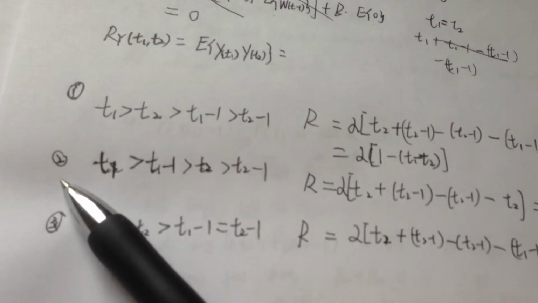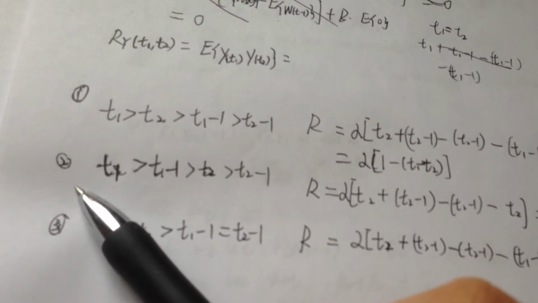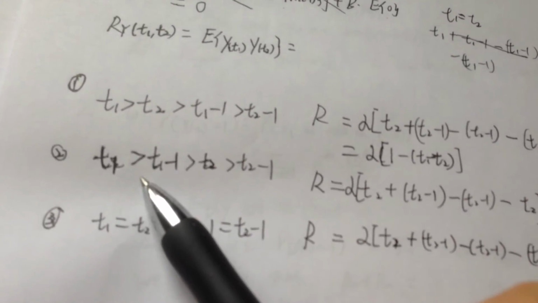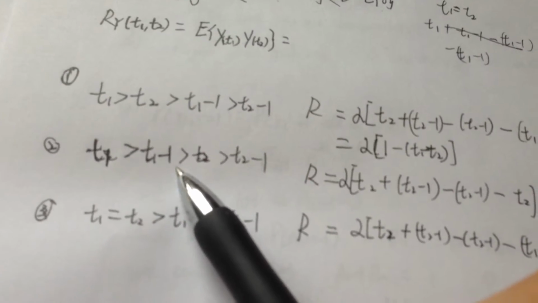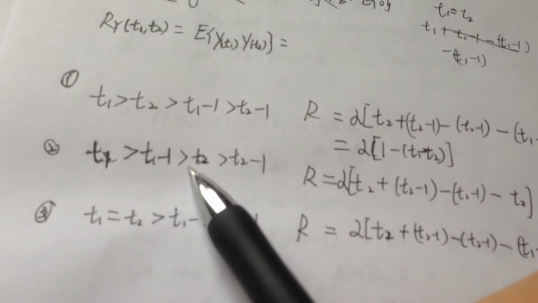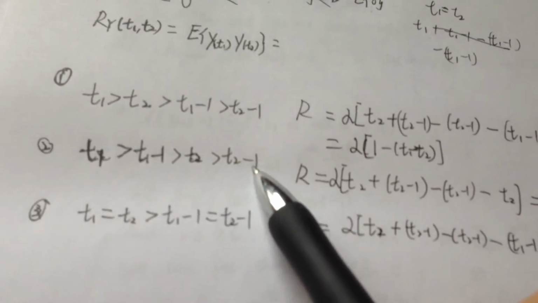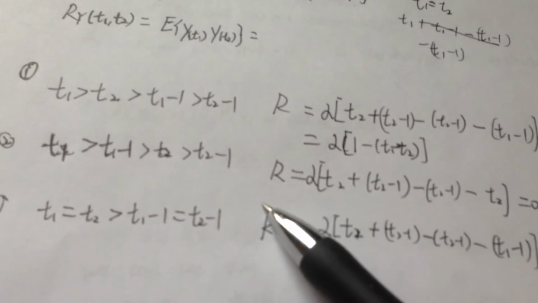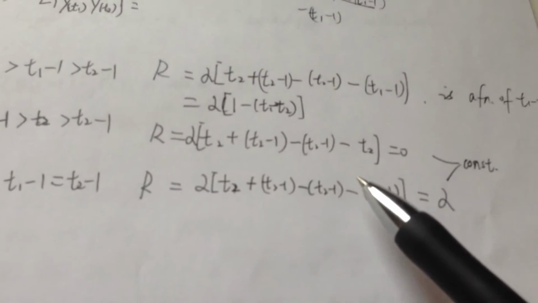The second situation is t1 is greater than t1 minus 1, and t1 minus 1 is greater than t2 and greater than t2 minus 1. In this situation, the autocorrelation equals 0.